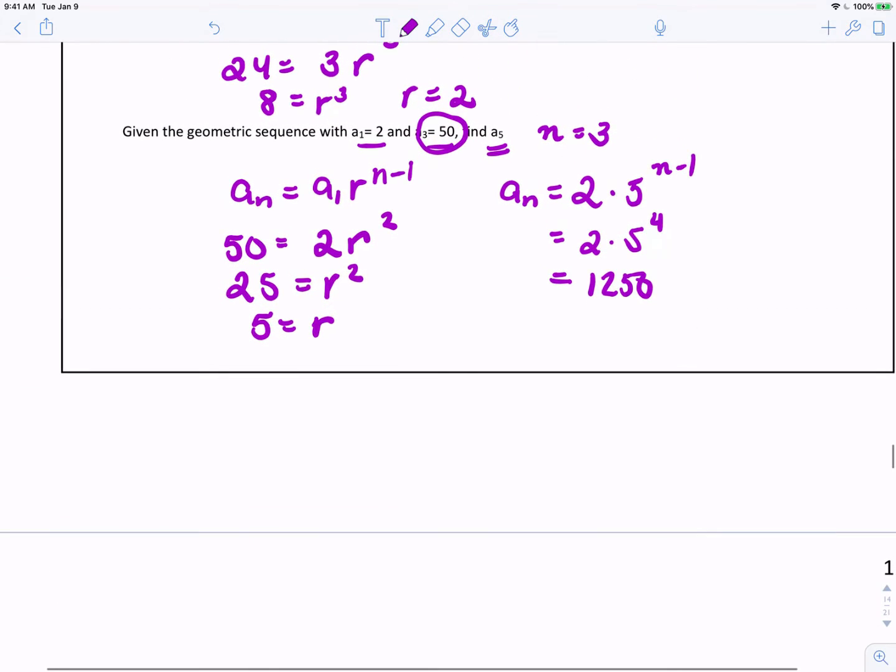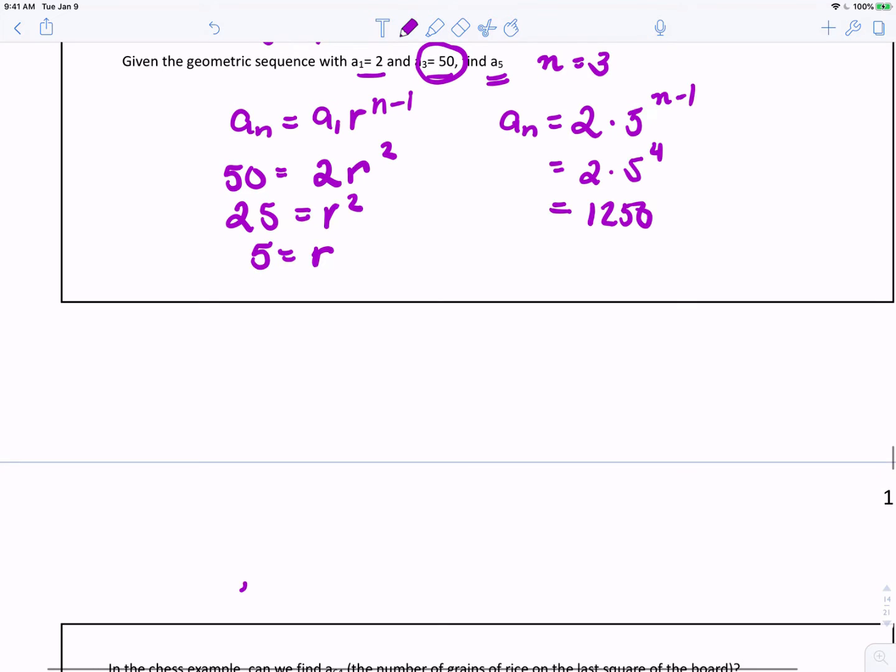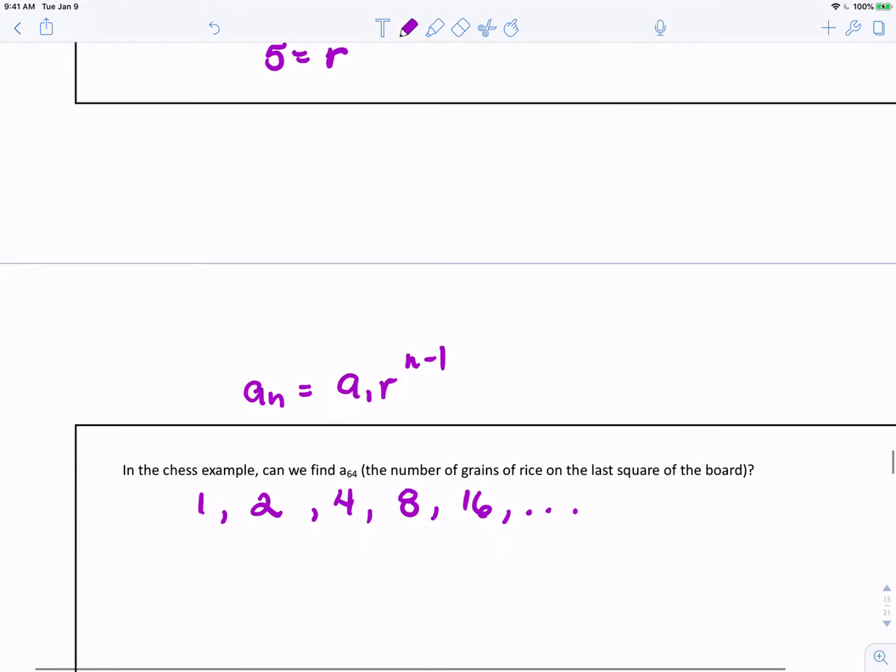So we have a sub n is equal to a sub 1 r to the n minus 1. So in this case, a sub 1 is 1 and r is 2.